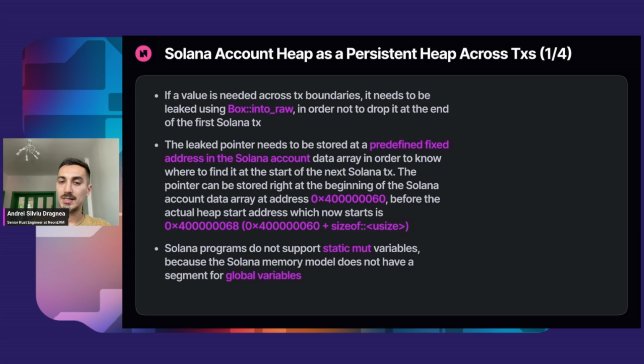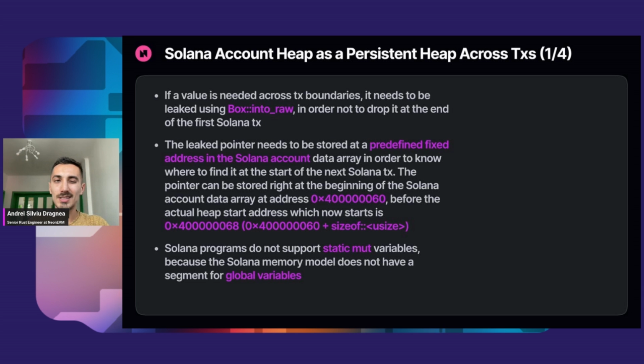For the sake of example, I chose the location for this pointer to be right at the beginning of the first Solana account data array start address, so at 0x46. And the actual heap will be shifted by 8 bytes to the right, to the address 0x468. So it's the value of the initial address plus the size of usize, which is the size of the pointer type on the Solana virtual machine, which is 8 bytes.